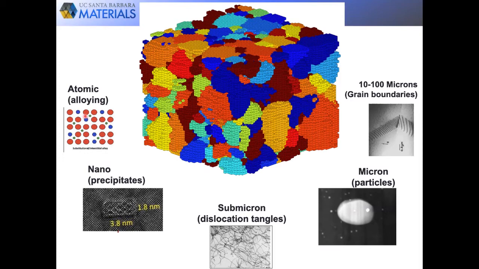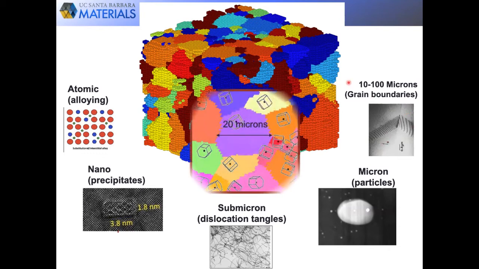From alloying to forming nanoscale precipitates and strain hardening and introducing particles, for instance, within the grains, and of course also grain boundaries where arrays of dislocations can be stopped. So grain refinement, reducing the average size of the grains and increasing the fraction of grain boundaries, which hinder dislocation motion.